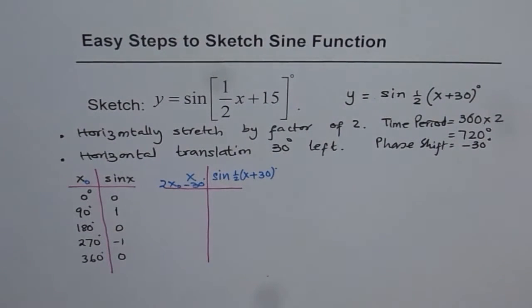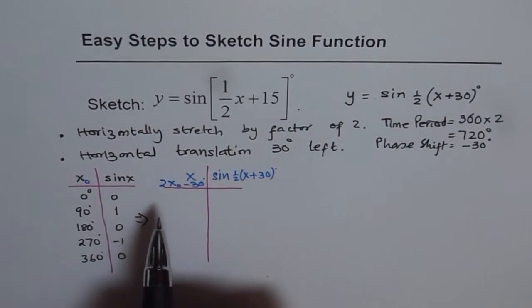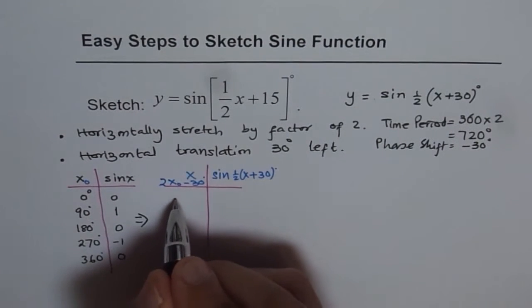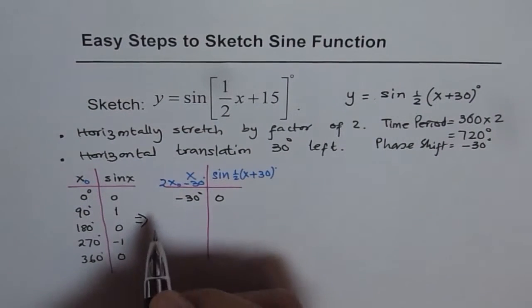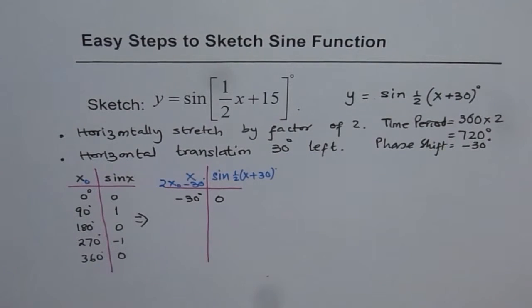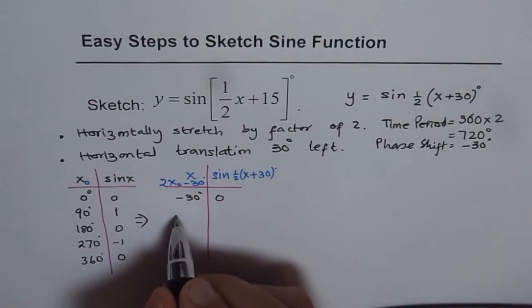So let me now show you how the transformed values will be. 2 times 0 is 0, minus 30 will give me minus 30 degrees, and we'll have 0 here. 90 times 2 is 180. 180 minus 30 will give us 150, right? We can use calculator also.